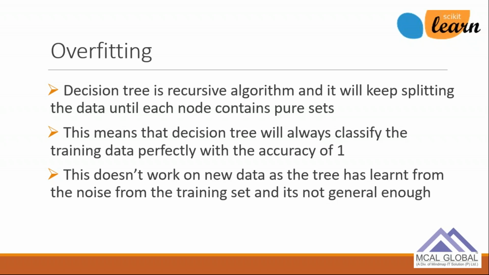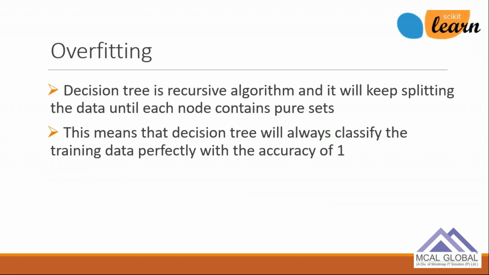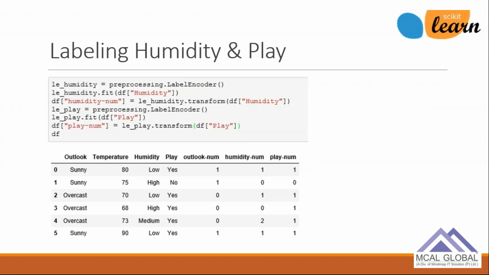It is trying to take decisions, going down and down and down, and then trying to come to a decision. I can always have a tree, based on some decisions, wherein I only have one data point in a node.